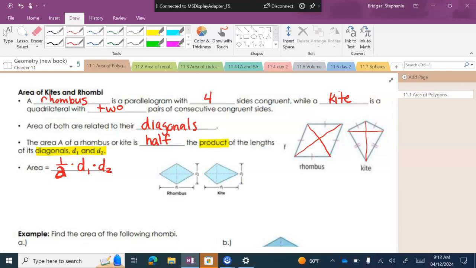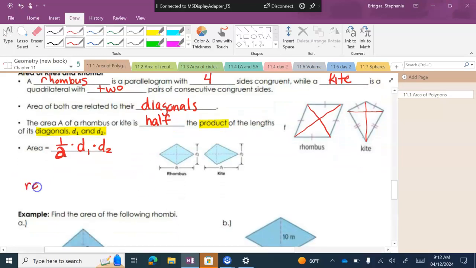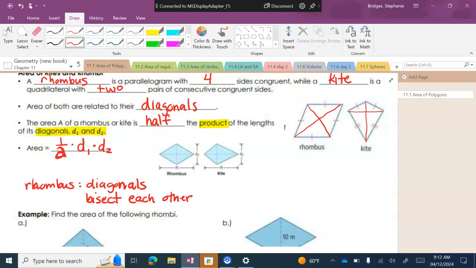Now, we might want to make a note. In a rhombus, the diagonals bisect each other. What does that mean? They cut each other in half, okay? Sometimes they'll only give you what half of that diagonal is, so you have to know that the diagonals are bisected.